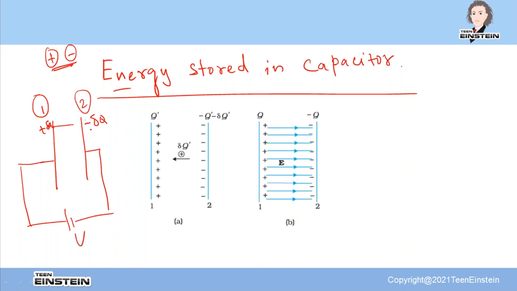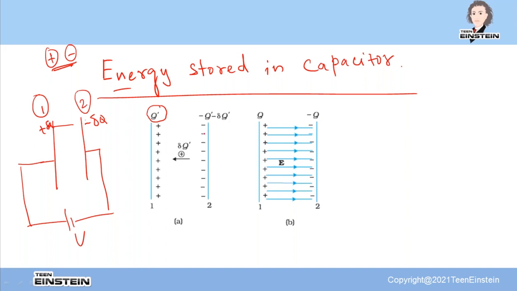Consider a situation when these two plates are accumulating charges bit by bit, at some intermediate state. Plate 1 has charge q prime, and plate 2, or conductor 2, has charge minus q prime. Now I take a bit of charge, positive delta q prime, from conductor 2 to conductor 1.